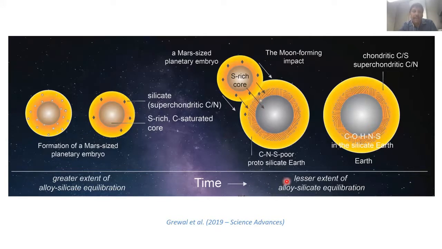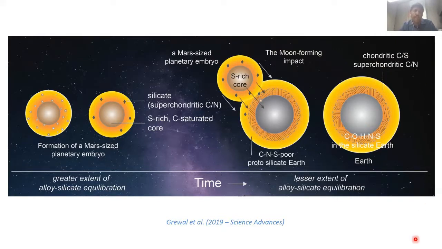But then at the late stage of growth of the proto-Earth, if this planetary embryo merged in a near perfect manner with the protoplanet, with the core more or less merging with the core and the silicate portion mixing in with the silicate portion, then you can explain the chondritic carbon to sulfur ratio and the superchondritic carbon to nitrogen ratio that we see in our own planet.